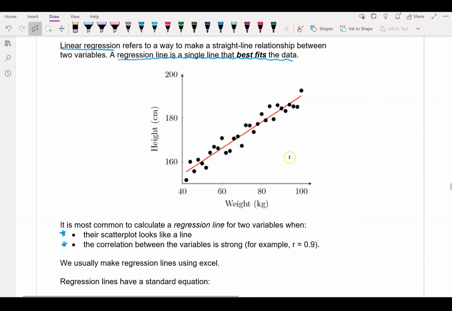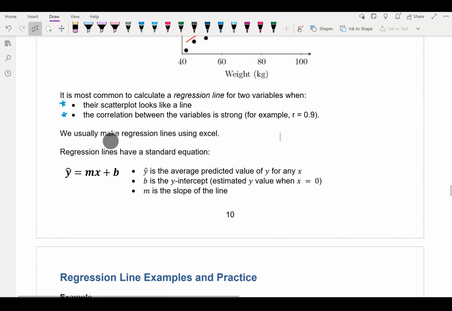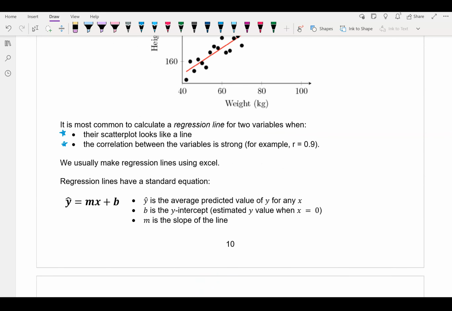So that's the situation you would use to figure this stuff out. The scatter plot looks like a line, or the correlation between the variables is strong. We usually make the regression lines using Excel. You wouldn't want to do it by hand. It would be kind of an outdated method. And they have a standard equation, which you might recognize from math class. Y equals mx plus b. And it has three pieces. Your y hat, or y, is the average predicted value of y for any x.